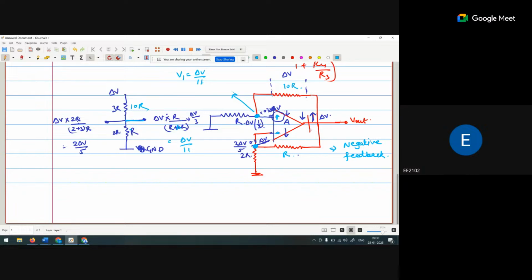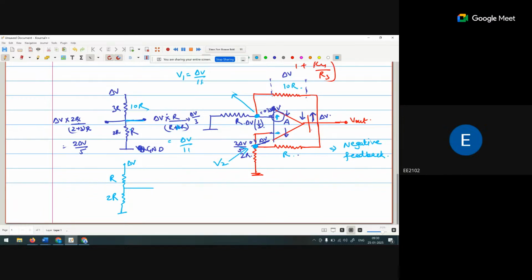Now what is the voltage drop at this point? V2, I consider this one as V2. Del V, R to 2R.